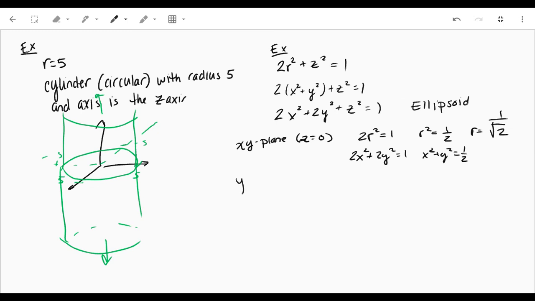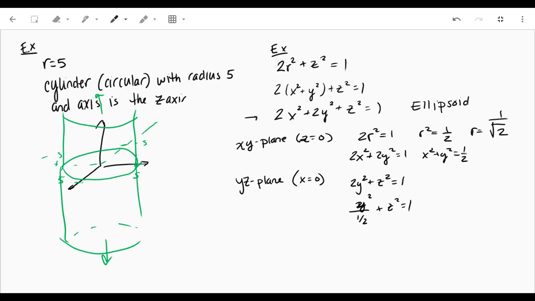In the yz plane, okay, so this would be when x is 0. We would have, now we do want to look at the rectangular one that we have here. Okay, if x is 0, then we have 2y squared plus z squared equals 1. So that'd be y squared over 1/2 plus z squared equals 1.